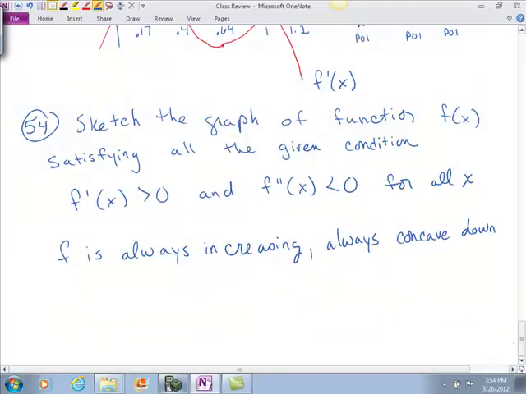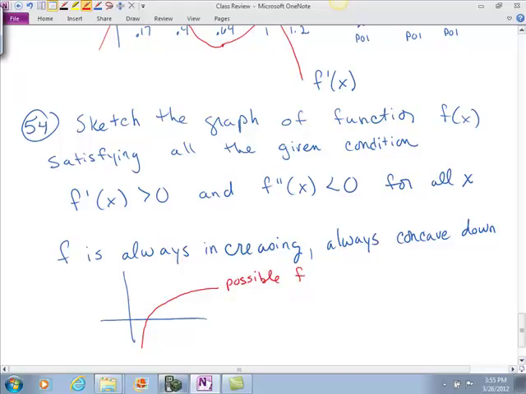So this seems like an example, and you just have to draw a function that does that. To me, the best example would be the logarithm function, right? The logarithm function is always increasing and always concave down. That's a possible f.